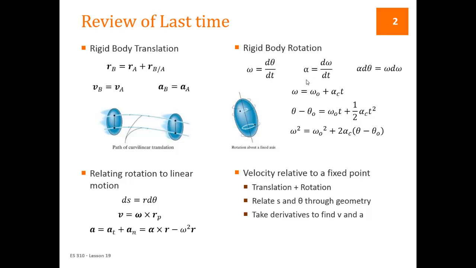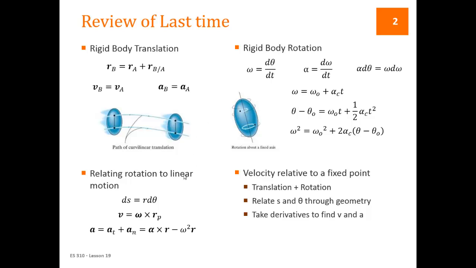And we have alpha, which corresponds to rotational acceleration. The kinematic equations are the same as they were with the linear variables. The time derivative of the position is equal to the velocity, and the time derivative of the velocity is equal to the acceleration. The combined equation is alpha d theta equals omega d omega. And if we have constant acceleration, we have the constant acceleration kinematic equations.